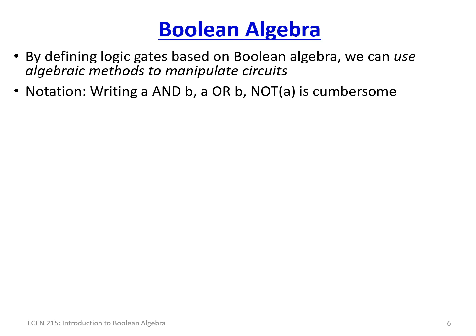So right now, we've been writing things in a kind of long form. We've been saying A and B, or A or B, not A. Well, if you have a complicated function, this can get a little cumbersome. You end up with a very long sentence describing something, and it's very easy to make a mistake.